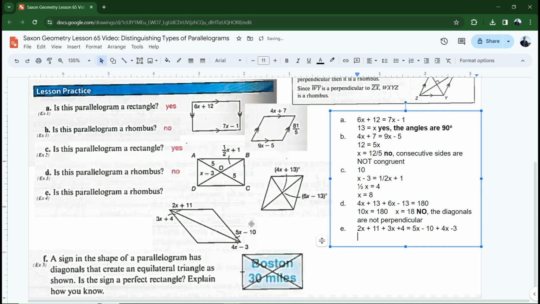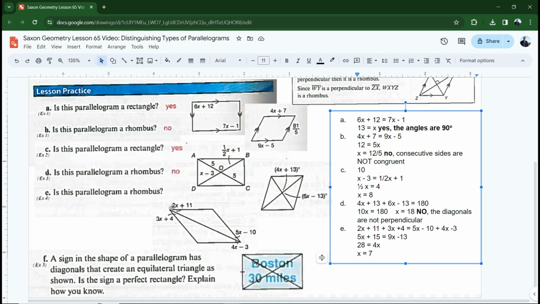Let's simplify by combining like terms: 5x plus 15 equals 9x minus 13. Now I'm going to subtract 5x from both sides and add 13 to both sides. It gives me 28 equals 4x. X equals 7. So x has to equal 7 using the actual properties of parallelograms.